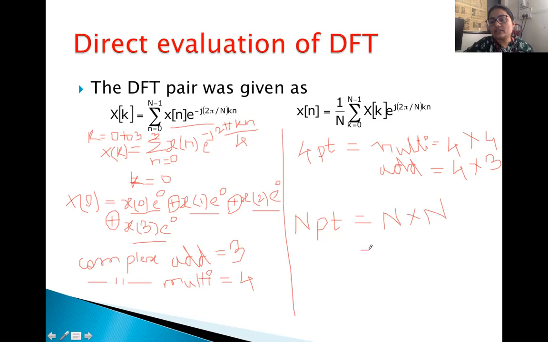And additions: instead of this 4 we will write n, and instead of this 3 we will write n minus 1. So this way we can generalize the number of complex multiplications and complex additions required in order to compute the n point DFT. So this is important. So these many multiplications are required.